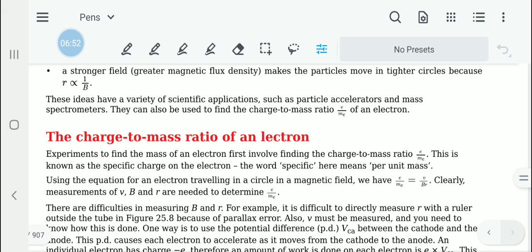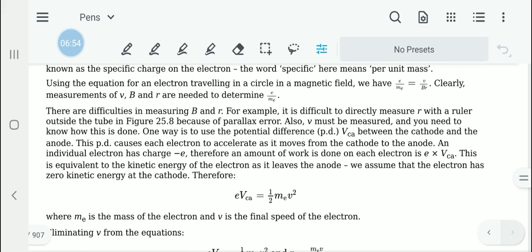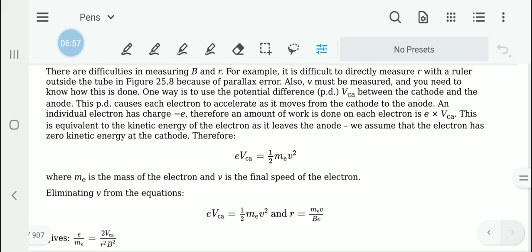Because direct measurement of these values is difficult, we reach this using other methods. Leave a line and write.